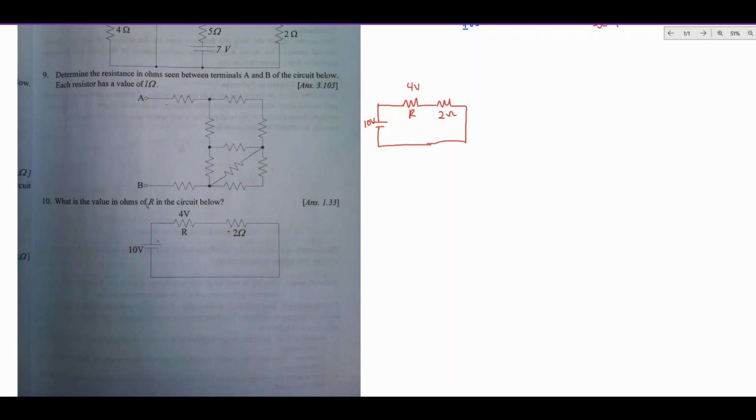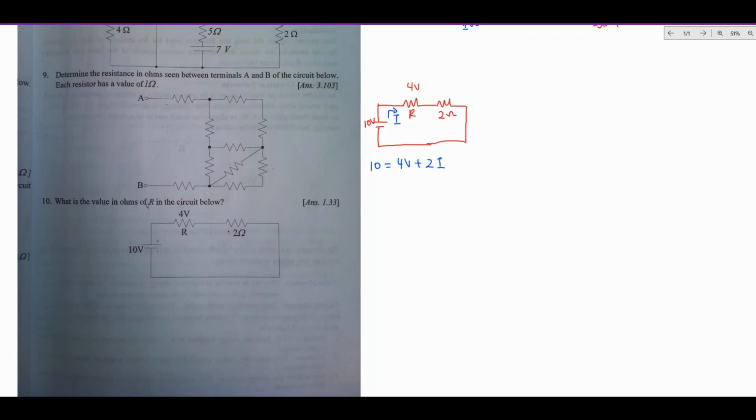So for this circuit here, you know that the voltage from the source should be equal to the sum of the voltage drops in the circuit, right? So let's say that I is the current in the circuit. So I'm going to have 10 volts equal to the voltage across the R resistor, which is 4 volts, and then the voltage drop across the 2 ohms will be 2I.